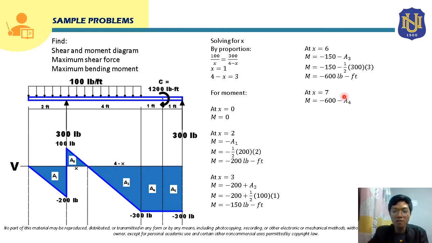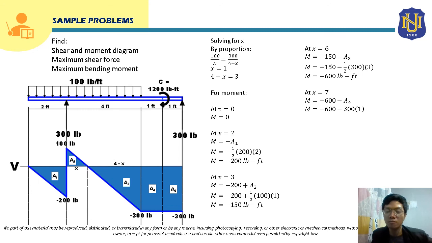For area 4, this is a rectangle, so this is just base times height, wherein its base is 1 and its height is 300. Therefore, the moment here will become negative 600 minus 300 times 1. So the moment here is negative 900 pound-feet. At this same point, you can see that there's a 1,200 pound-feet applied couple here.